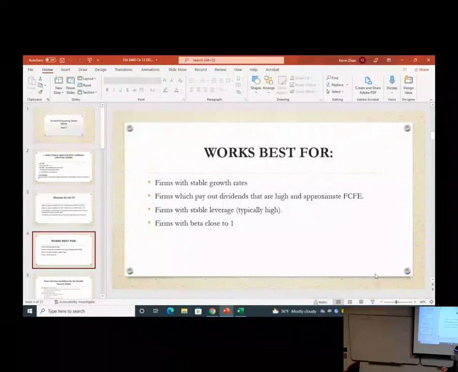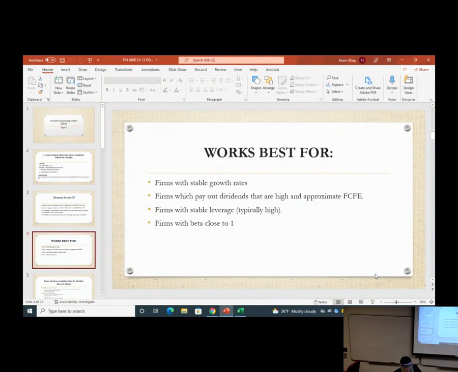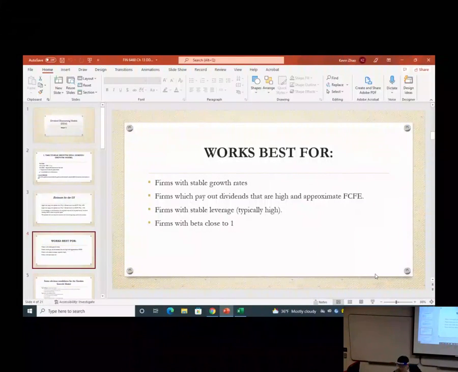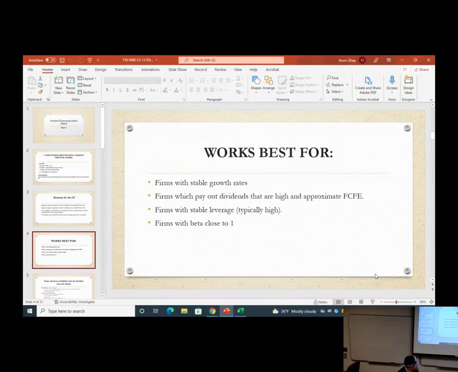So who are good candidates? I would say those large corporations. Large corporations tend to have stable beta, close to 1. They have stable growth. Large companies tend to have relatively higher leverage, but the leverage is kind of stable. They don't change drastically year to year.